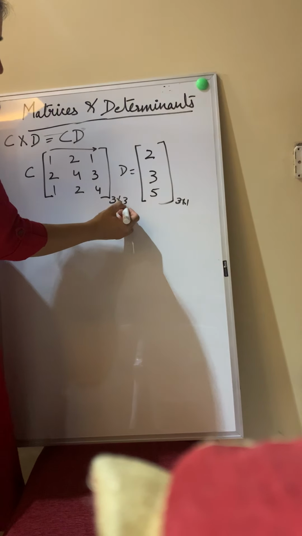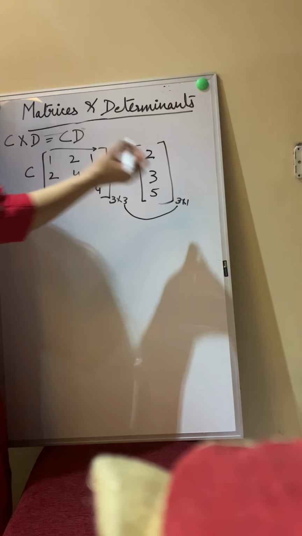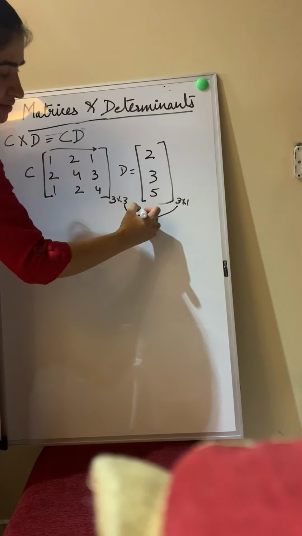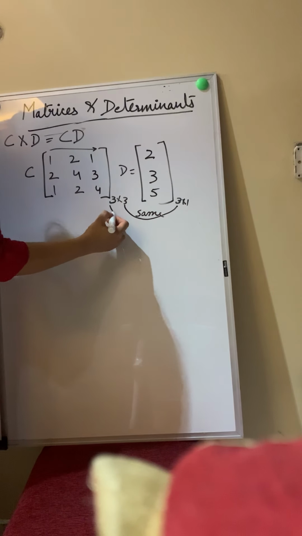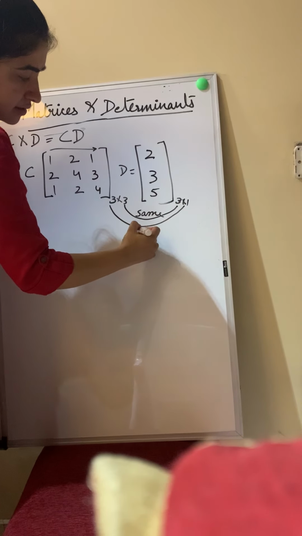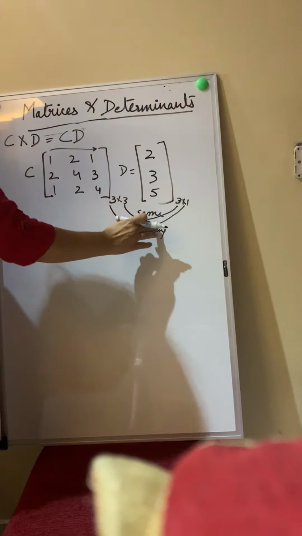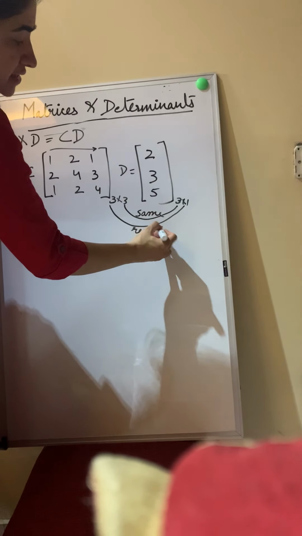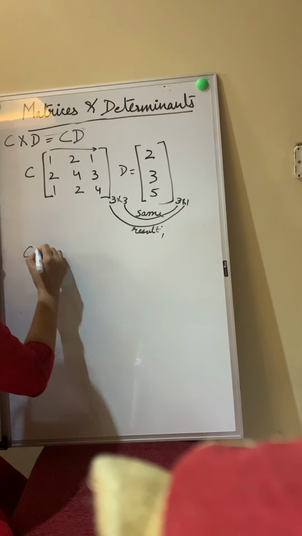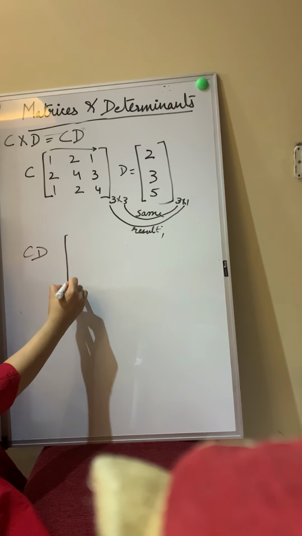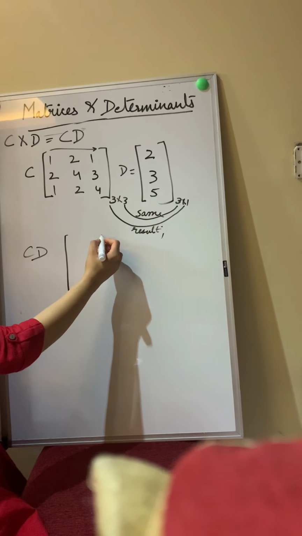Now N of C and M of D is the same. It can be multiplied. The resulting matrix will have an order of 3 by 1.